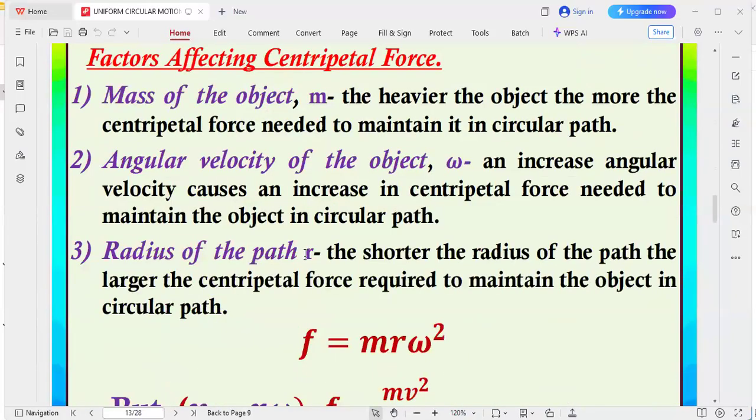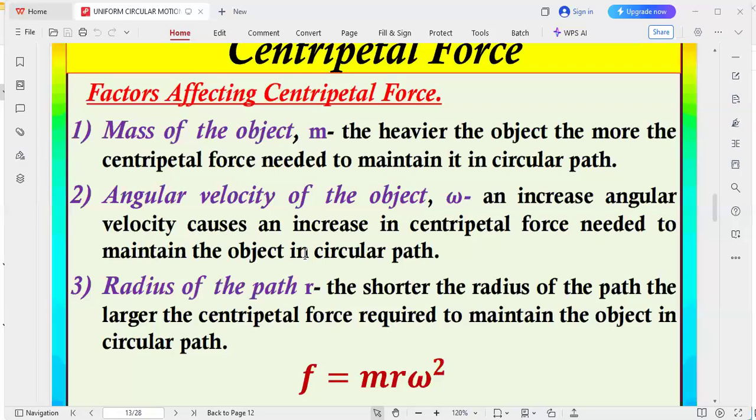So the factors affecting centripetal force are, one, mass of the object. When an object has higher mass, it requires a lot of centripetal force to maneuver around a circular path.